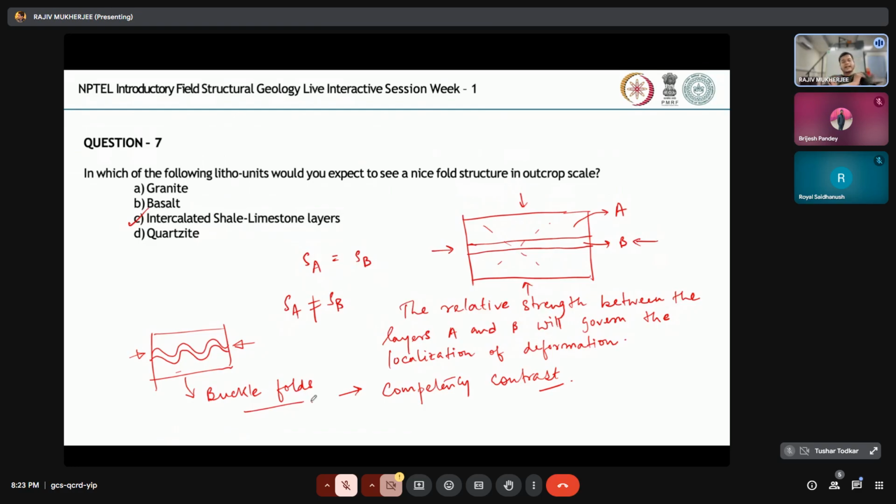So any kind of ductile deformation structure requires some heterogeneity. Now this heterogeneity comes from the compositional heterogeneity within the material. In the same material, that means it is compositionally homogeneous, it is rather impossible to localize the strain or the deformation into some particular region without having any compositional heterogeneity.